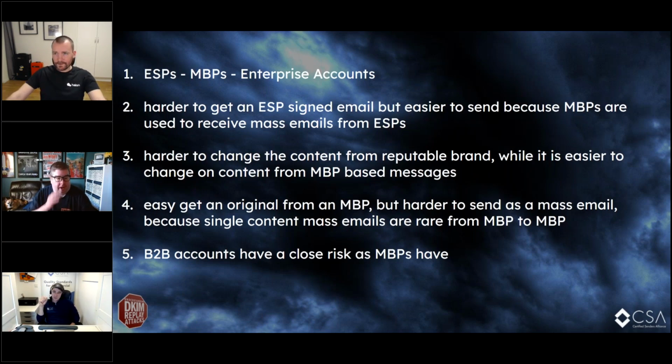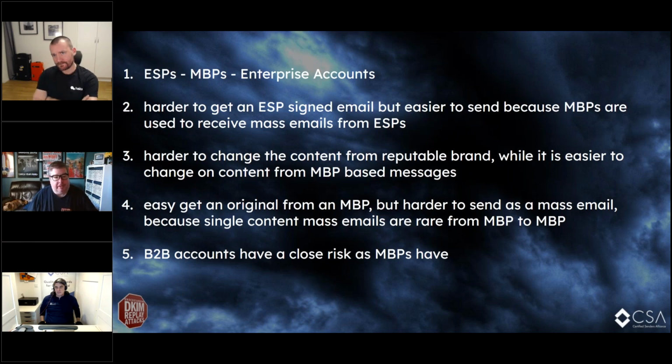So let's start with definitions. When we say ESPs, MVPs, and enterprise accounts: when I say ESPs, I mean large bulk email senders, your marketing clouds, your MailChimps, your Constant Contact, all of those platforms that send bulk messages for marketers. MVPs being mailbox providers. Think of Gmail, Yahoo, GMX, Mail.com, Mail.de, T-Online, all of those happy people.